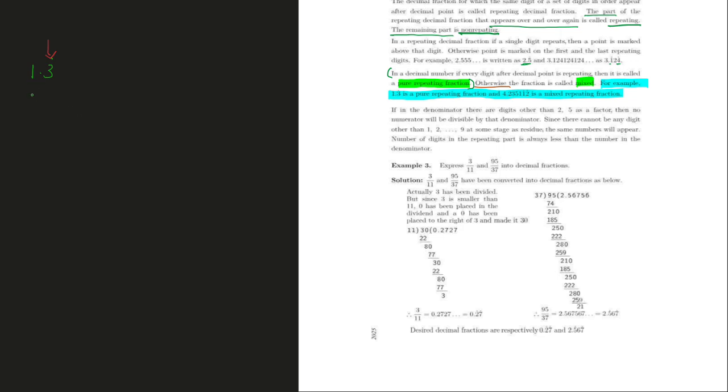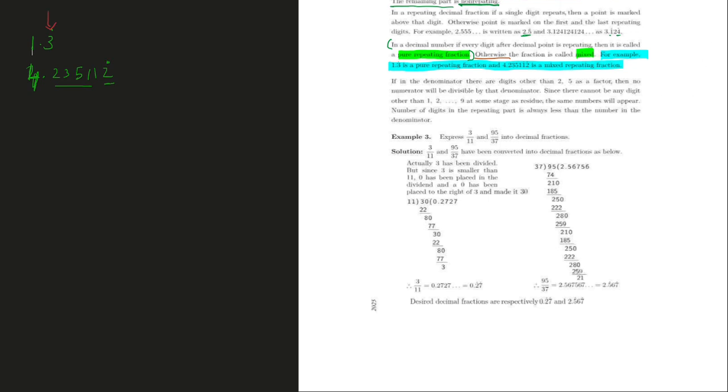These are pure repeating fractions, whereas a number, say for example 4.235112, right, here only the 2 would repeat and the numbers that come before it won't be repeating. So this is not a pure repeating fraction. This is a mixed repeating fraction, right?